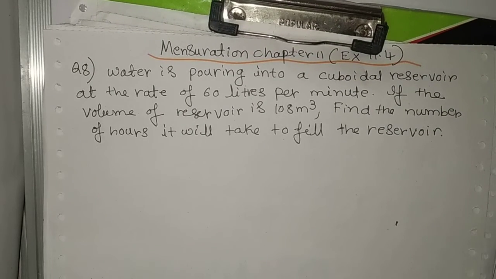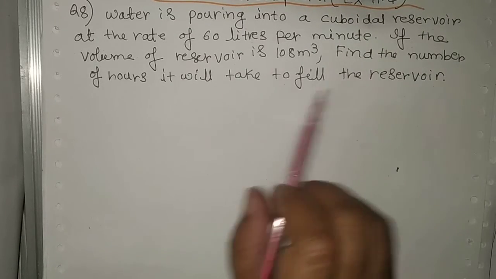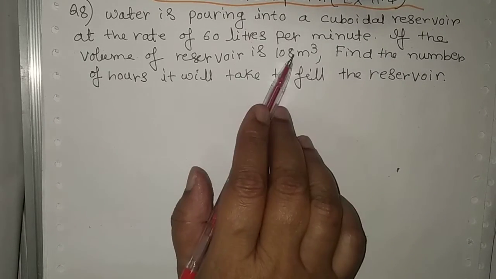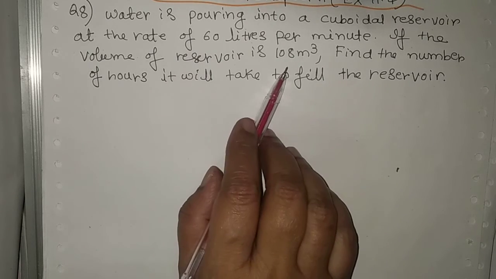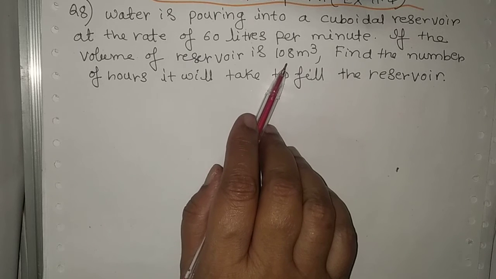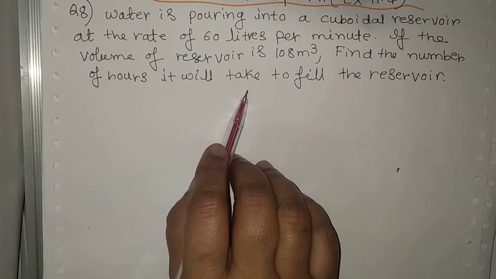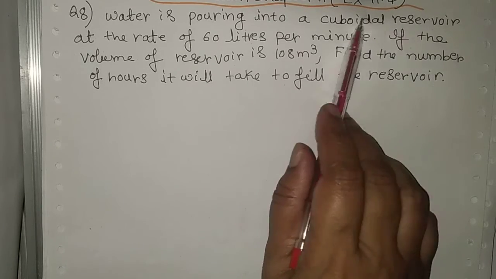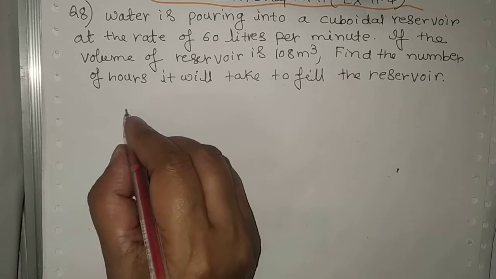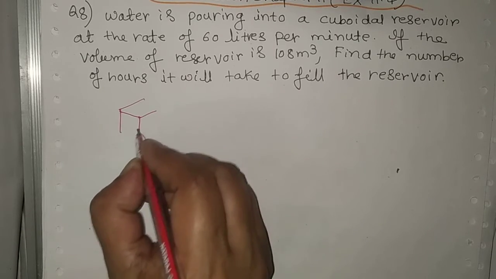So the 8th problem given is: water is pouring into a cuboidal reservoir at the rate of 60 liters per minute. If the volume of the reservoir is 108 m3, find the number of hours it will take to fill the reservoir. So water is pouring into one like this, a cube is there.